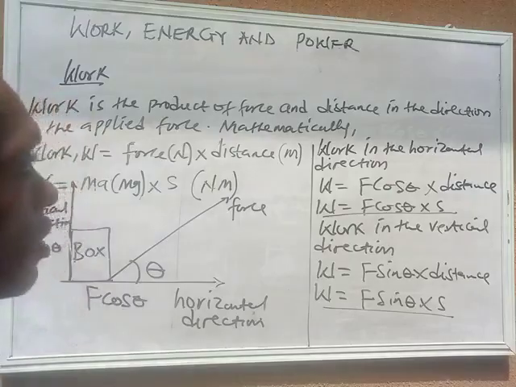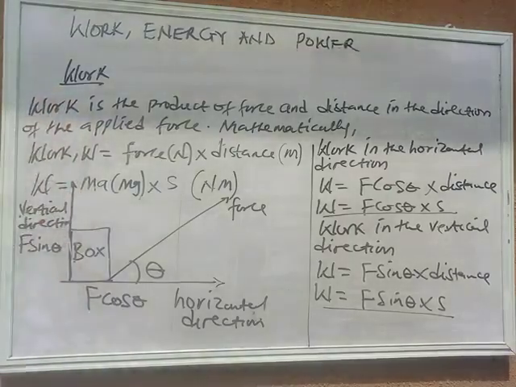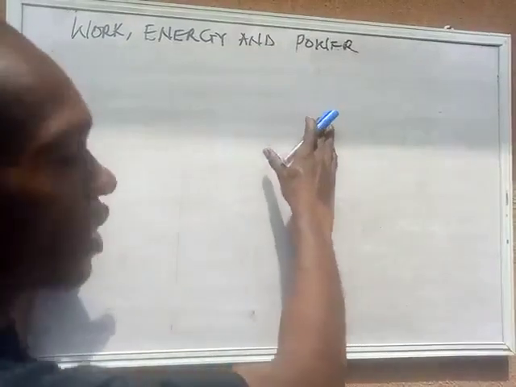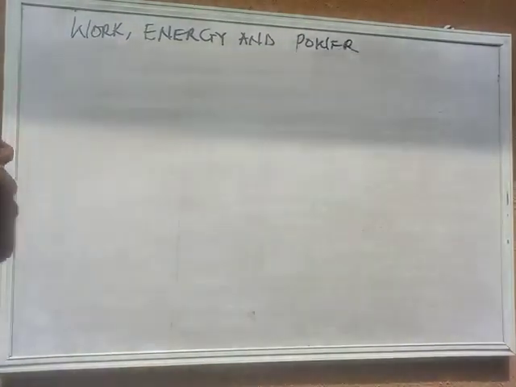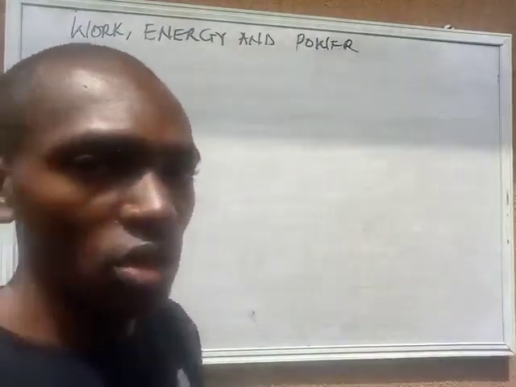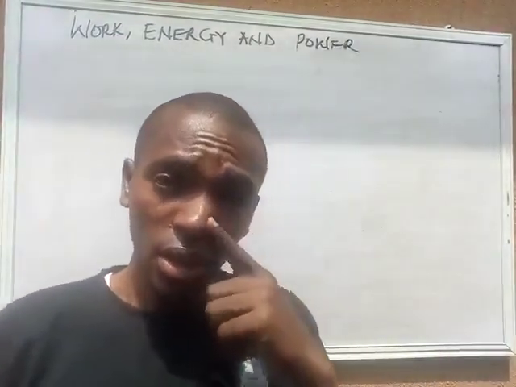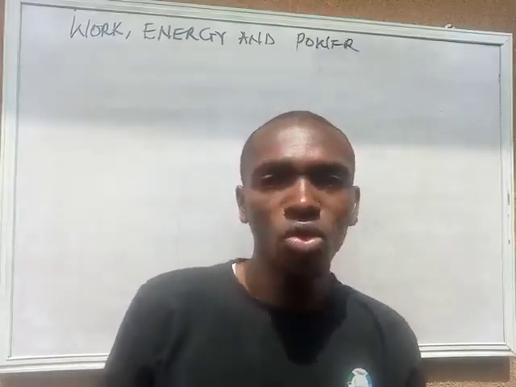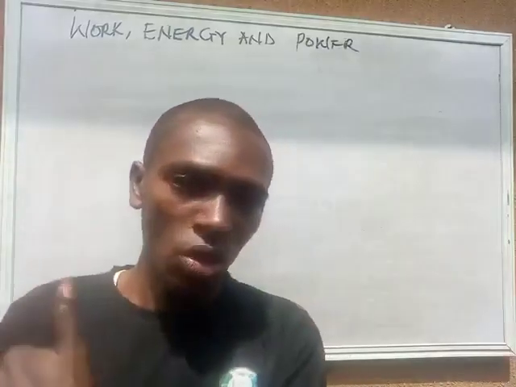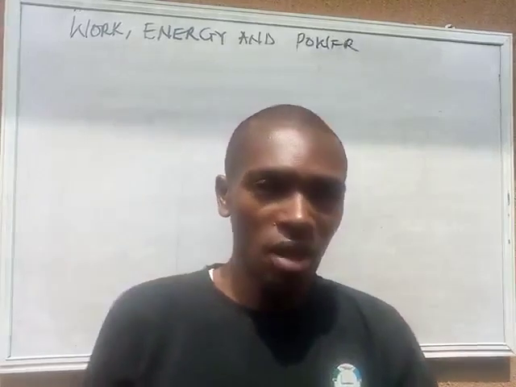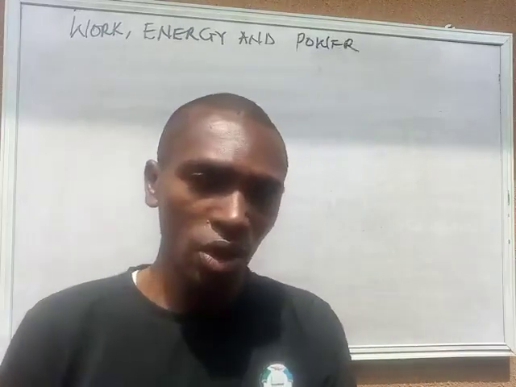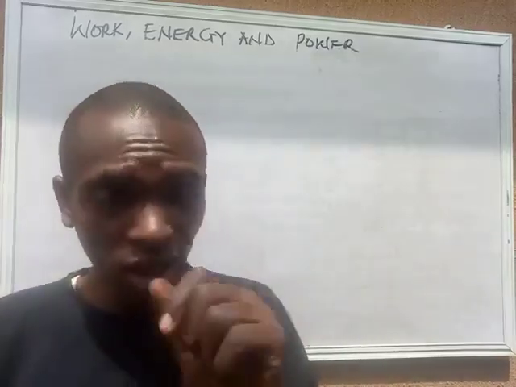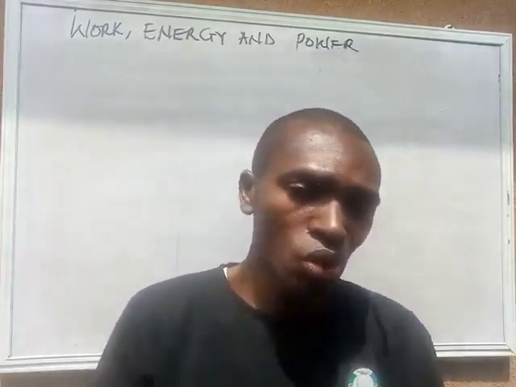Now, let's look at energy. Energy is the capacity or the ability to carry out work. So the ability for you to carry out work, and we have looked at work, that ability or capacity to carry out work is what is referred to as energy. Now you must know that when we are talking about objects, we are talking about motion.